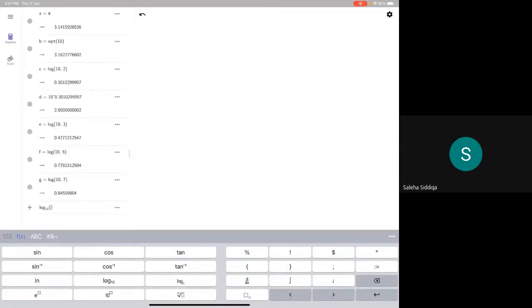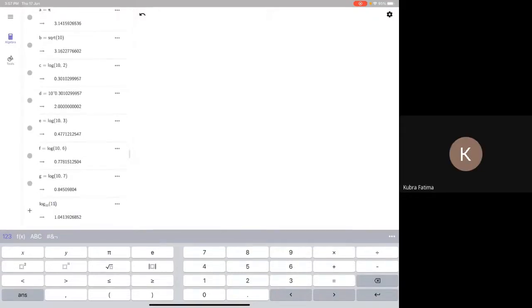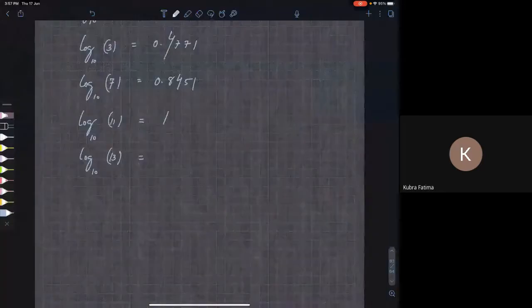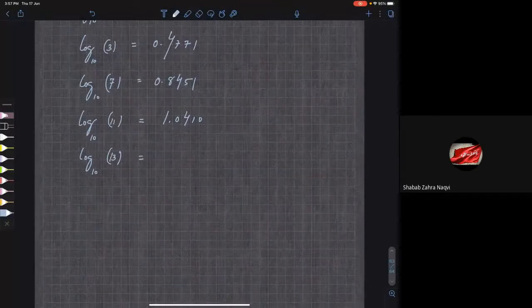It will be 1.0 something: 1.0414. And can you see that log of 11 is greater than 1? Why? Because 11 is greater than 10. Are you getting my point?